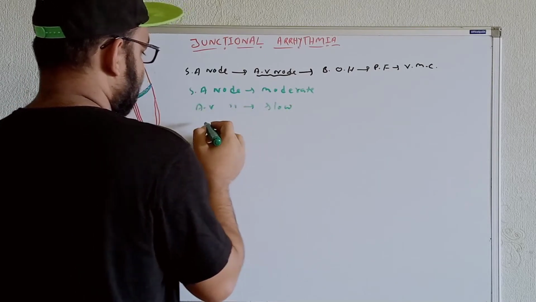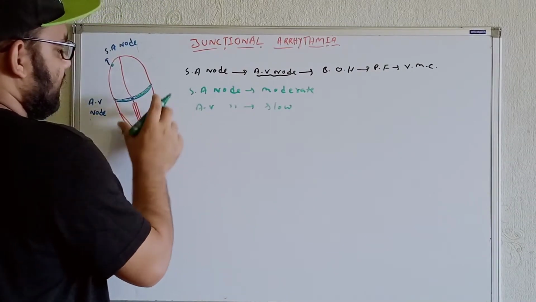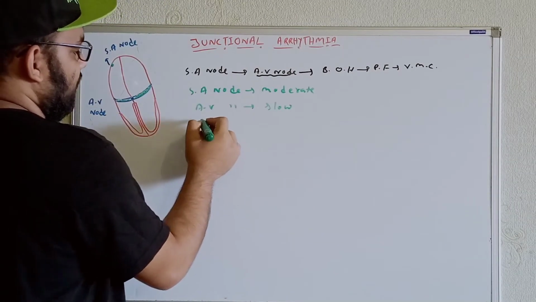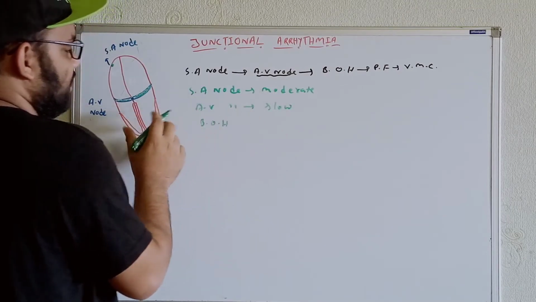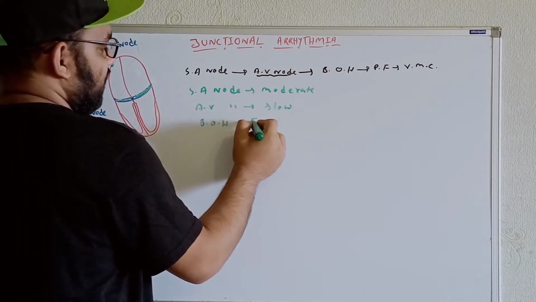And in the bundle of His and the other parts of the system within the ventricle, we get fast velocity.